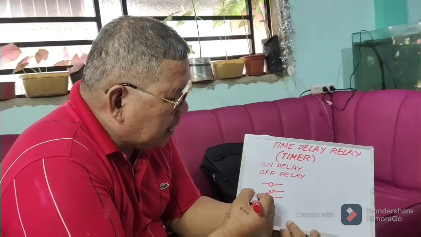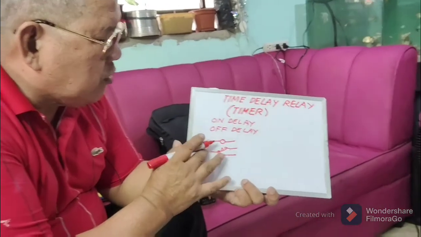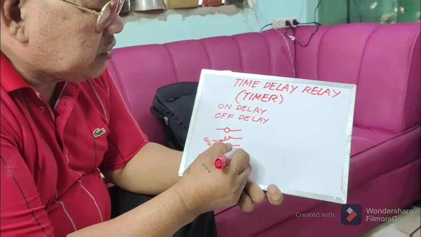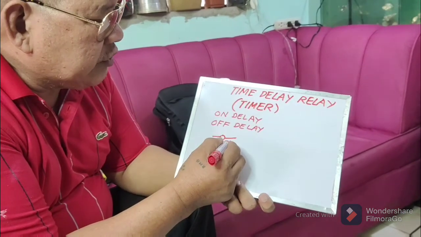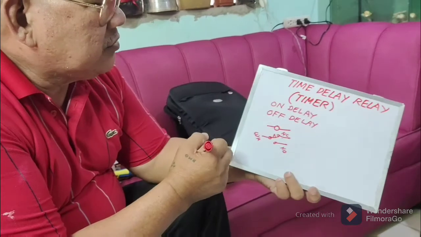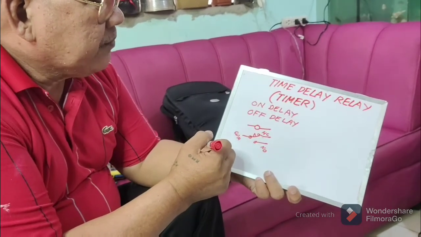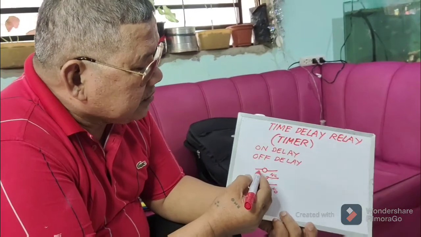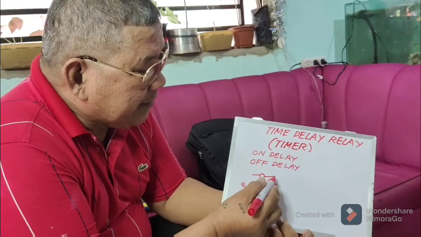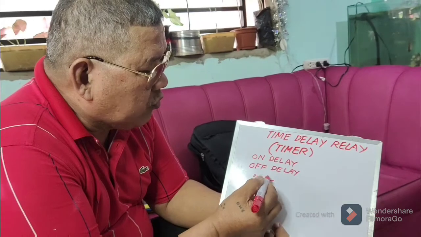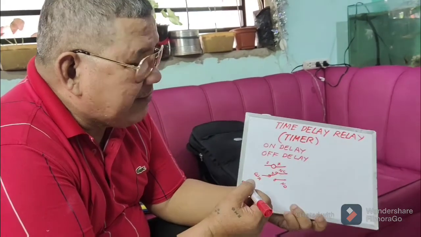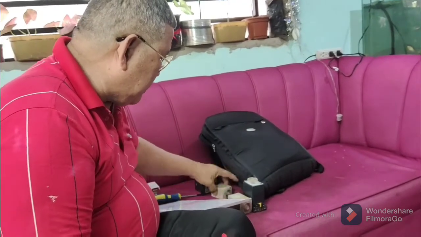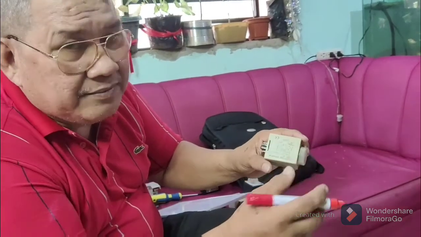So this is your common, this is your normally closed, normally open, and this is your normally closed. Okay? So that is it. Now there is a terminal number here. Usually this is terminal 2 and terminal 7. Okay?